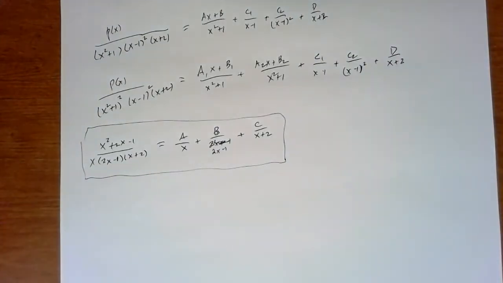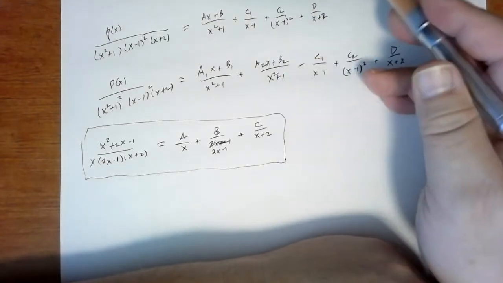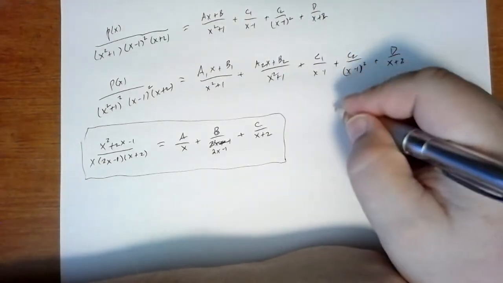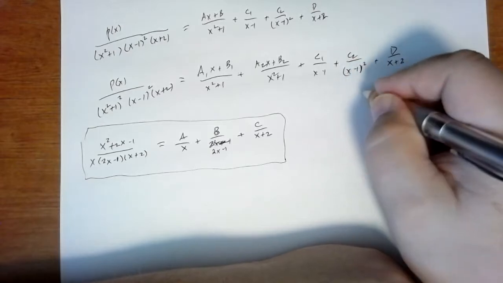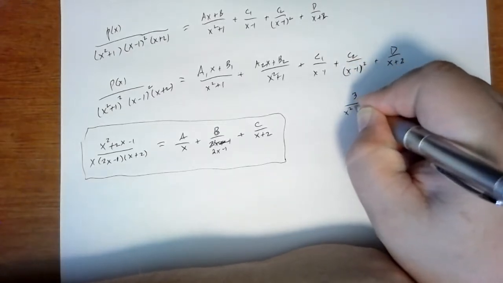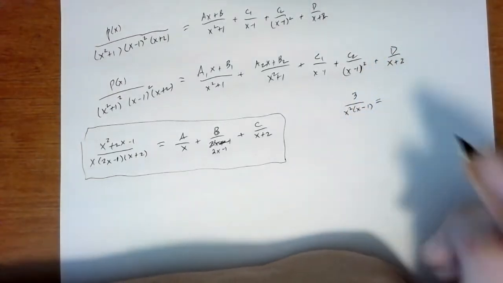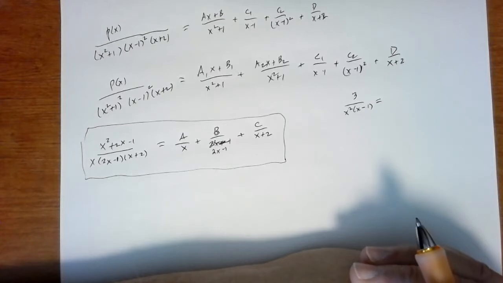Now I should say that sometimes it's not clear if you have a linear term or a quadratic term. So for example, how would you deal with something like 3 divided by x squared times x minus 1? How would we rewrite that in partial fraction form?